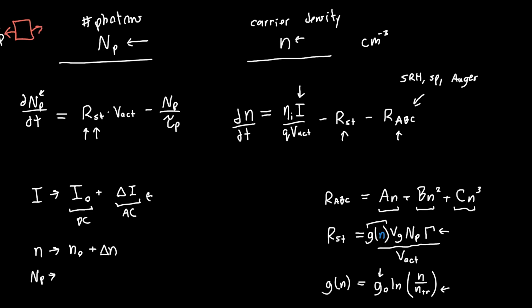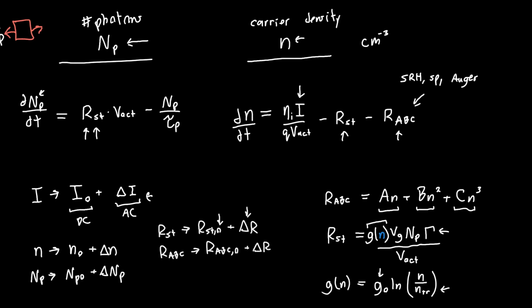Our number of photons is going to have an AC component. Everything in these equations is going to have an AC component, or a small signal component. Even our stimulated emission is going to have some DC component and some AC component, as will our ABC recombination. So our ABC 0, and I'm denoting the DC components with a 0 after them, and the AC components with a delta in front of them.